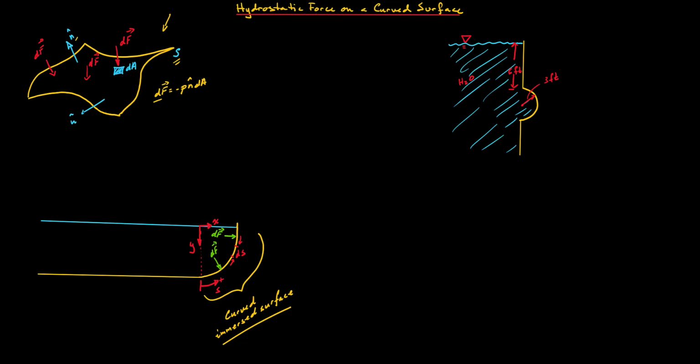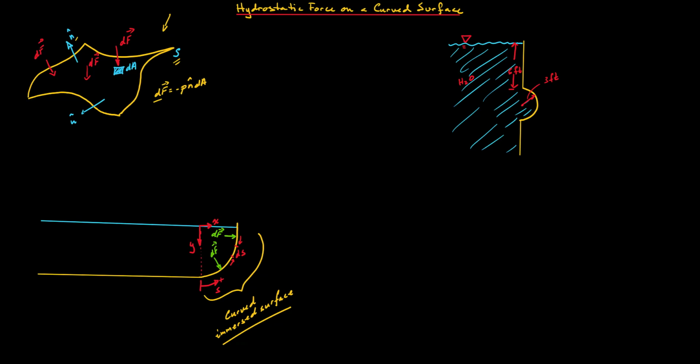We've defined a coordinate system xy, and again you see this dF, this differential force, which is acting against the surface, and it is locally defined as well. We also define a coordinate system S, which goes along that curved surface. That coordinate system S will depend on the functional definition of the surface geometry.